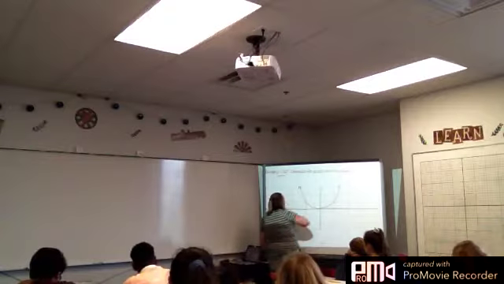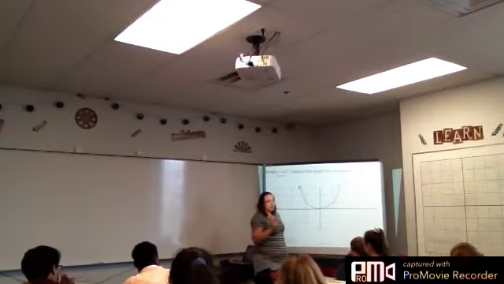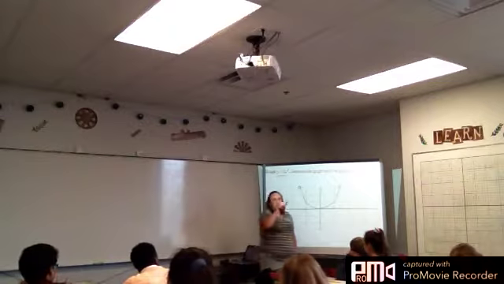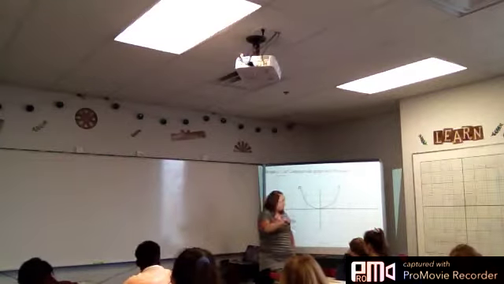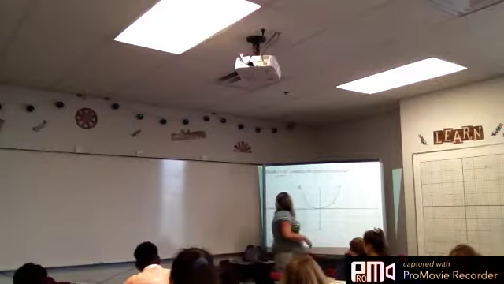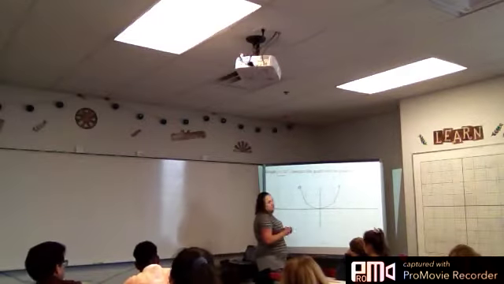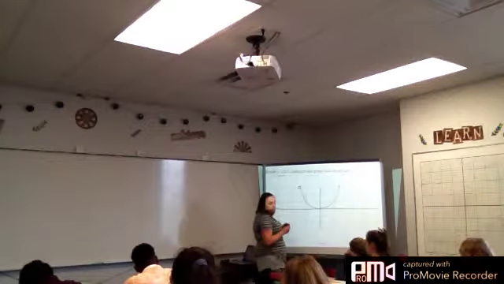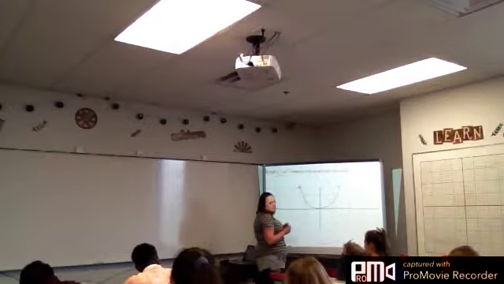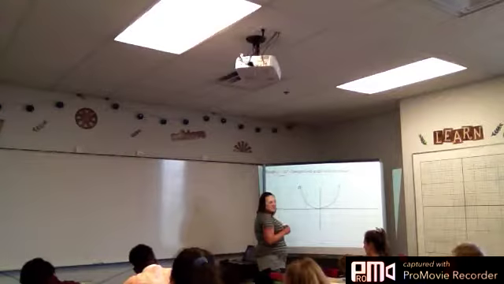Now, unlike an absolute value function, when it comes to the vertex, it's curved. It is not a direct point. It's not a V, it's curved. Now, what do you think we're going to do to graph this? All I have to do is plug in points.